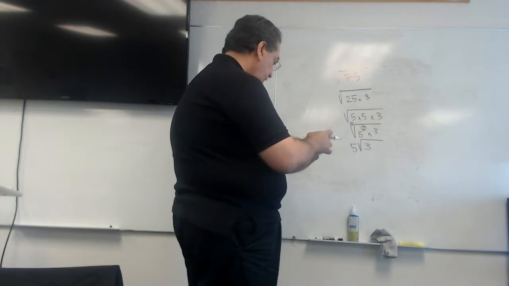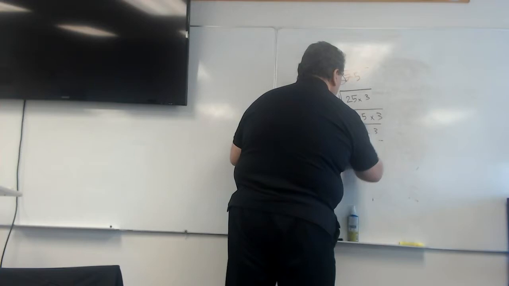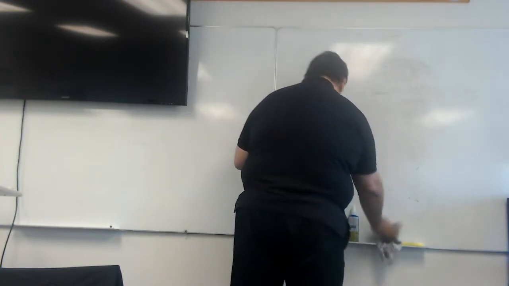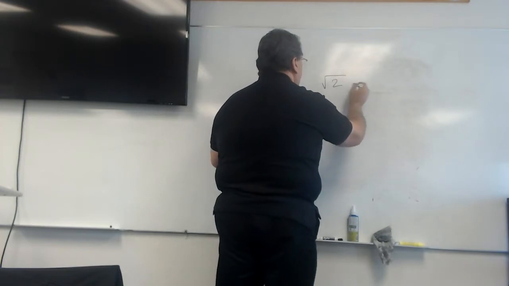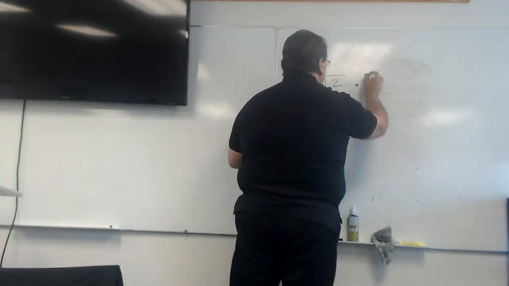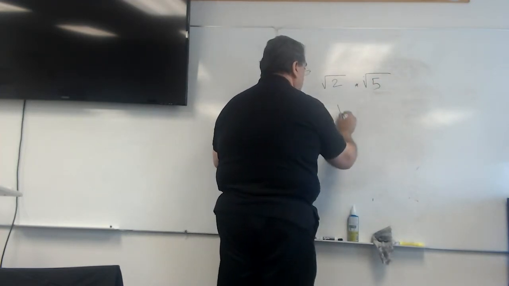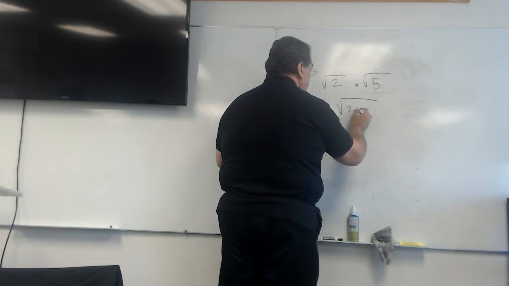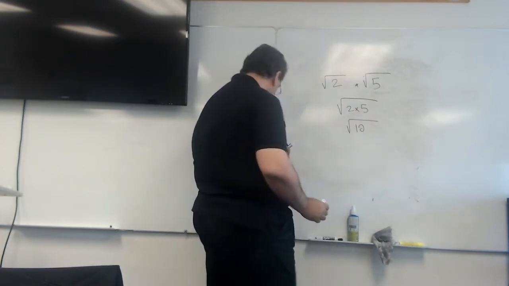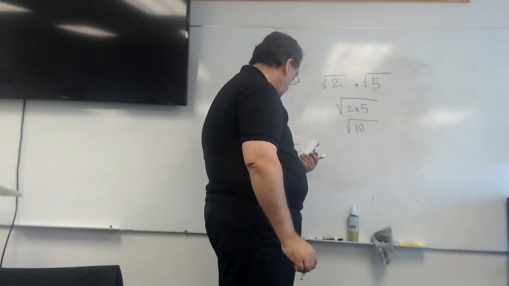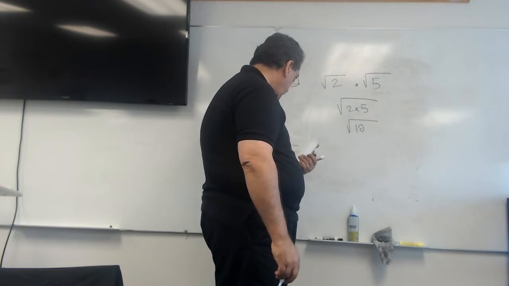Let's look at some multiplication. We have the square root of 2 times the square root of 5, the same root, so it's the square root of 2 times 5, which is the square root of 10, and it just stays there because it's a prime-based number.